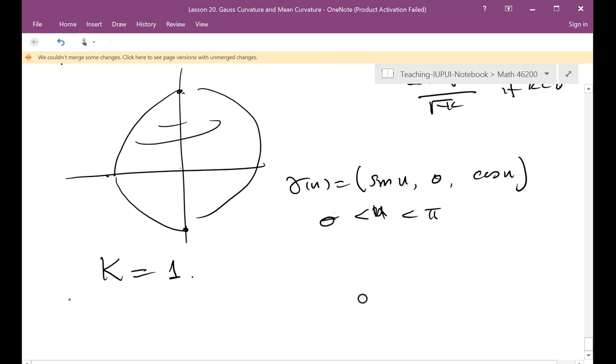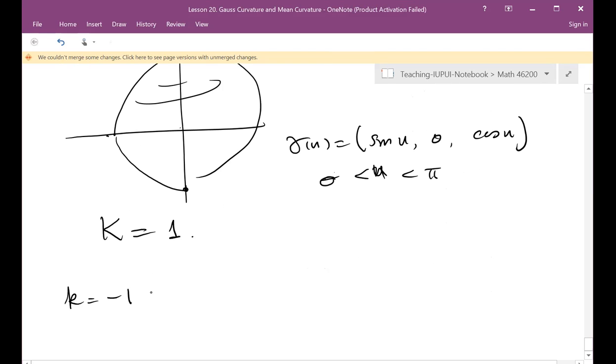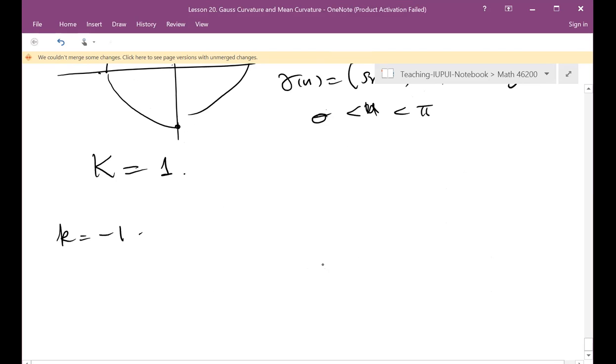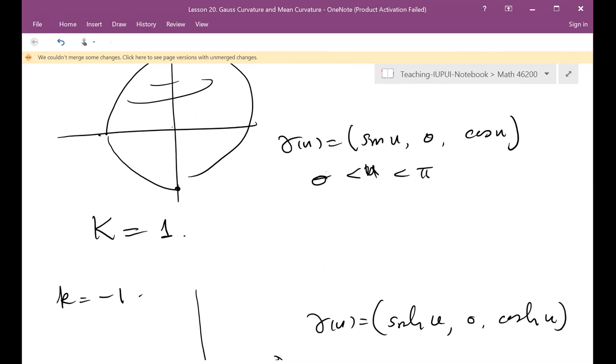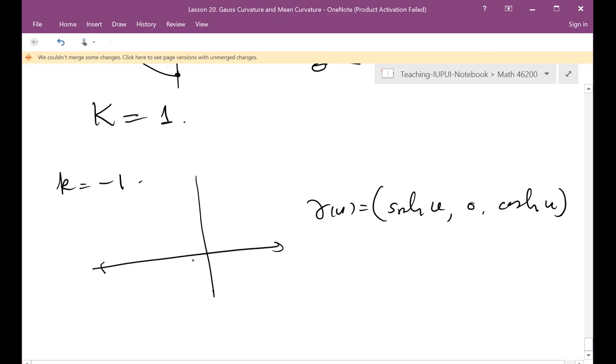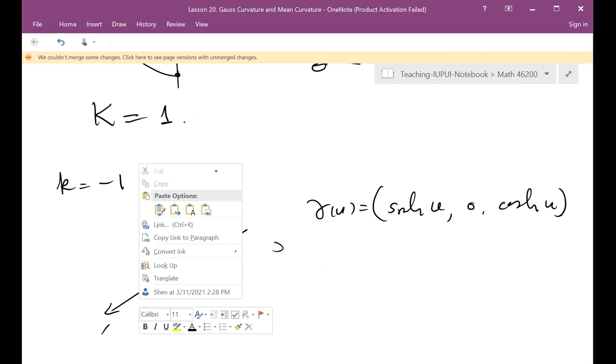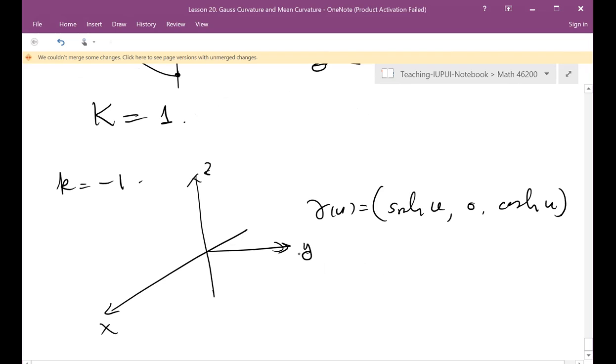Okay, now when k equals -1, I'm more interested in this case. Then gamma(u) is going to be (hyperbolic sine u, 0, hyperbolic cosine u). Now in this case, the value of u, so this is the x-axis, this is the z-axis, this is the y-axis, right?